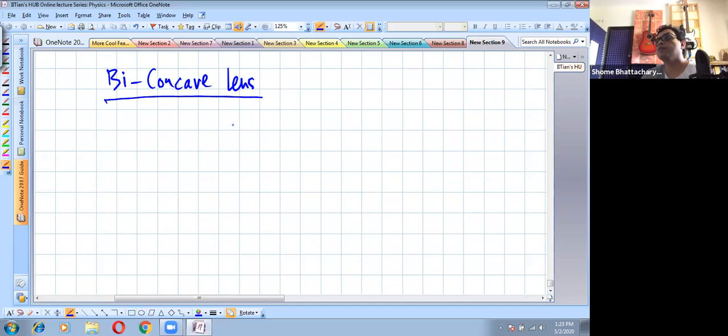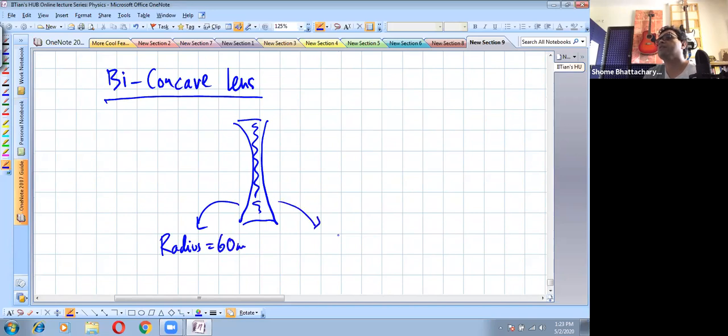Okay. So let's work out an example. This time let's take this surface as having radius, let's say 60 centimeters. This surface as having radius, let's take something different this time.